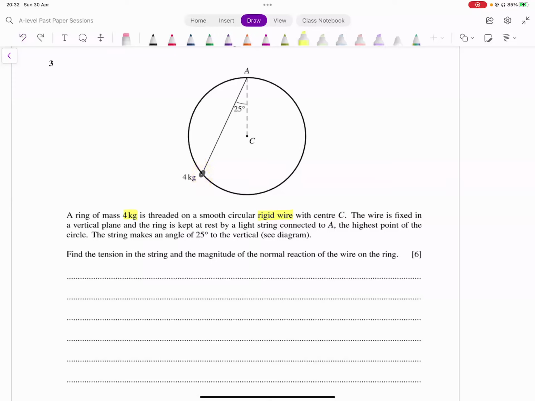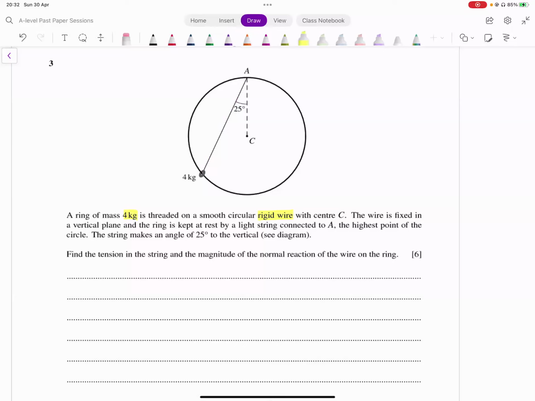सेंटर C है उस वायर का, we have this wire, इसका सेंटर C है। The wire is fixed in a vertical plane and the ring is kept at rest by a light string connected to A. Okay, so ये ring है, ये इसके साथ एक string attached है that is connected to this point A. It's like this, right? ये string है जो आपको ऊपर नजर आ रही है और उससे A से connect किया हुआ है। Now the ring is kept at rest.